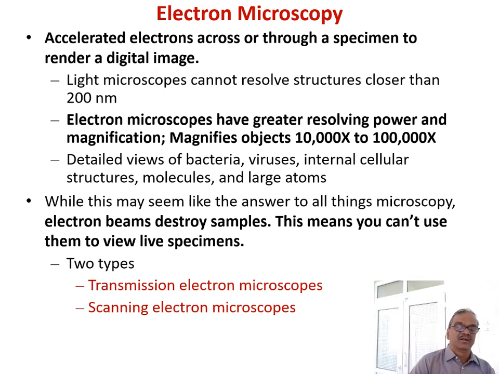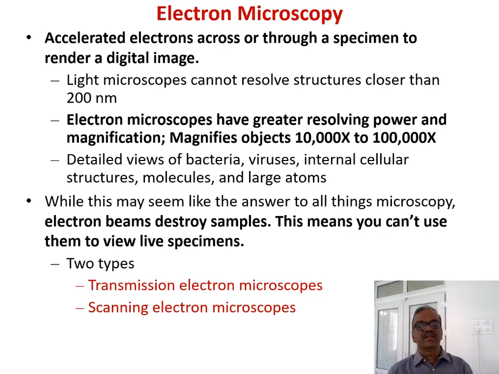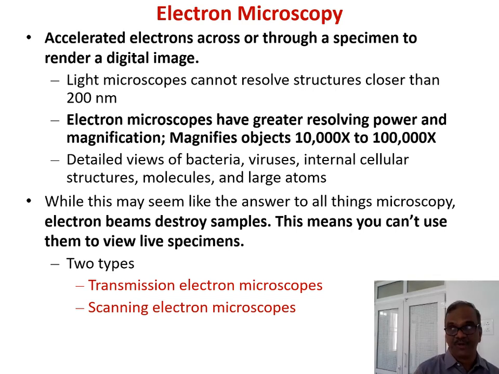We can view bacteria, viruses, internal structures, cell structures, molecules, even larger atoms. Everything is possible, and the resolving power is also closer than 200 nanometers. If two points are placed just 200 nanometers apart, you can easily distinguish them.